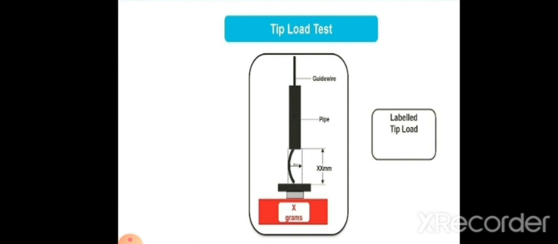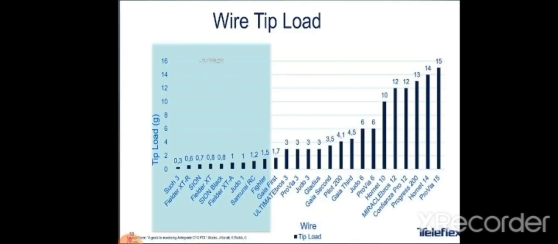So the tip load here is the number of grams at which a wire, hanging and touching the scale of the balance, tries to bend. This is the tip load, and it is measured in grams.